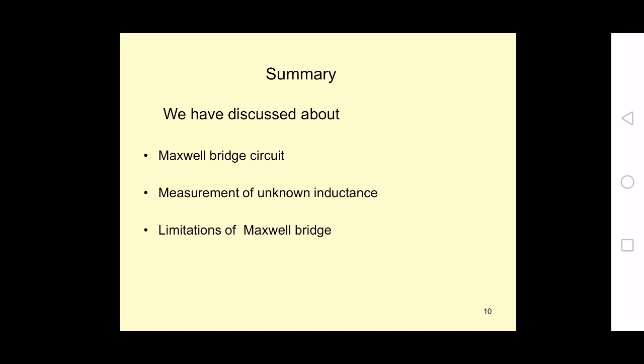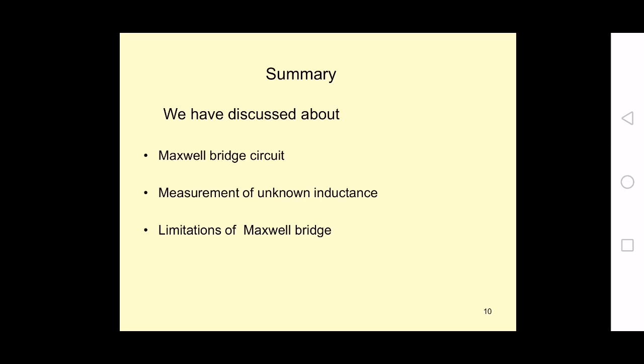From the Maxwell bridge equations, Rx will be R2 R3 by R1. So R2 is 5.1 K, R3 is 100 K, divided by 470 K. So your unknown resistance will be 1.09 kilo ohms.